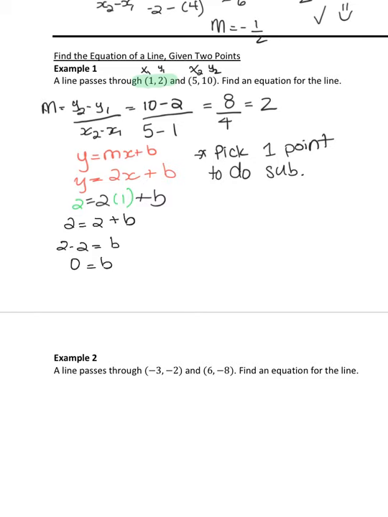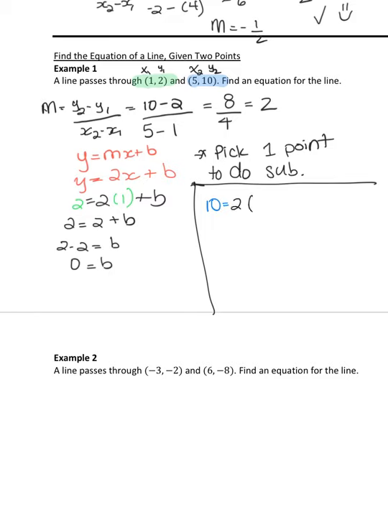Okay. Let's just say that you had decided when you paused the video to try this on your own to use the other point. So let's see if that works. So I'm going to now try the opposite point, 5 and 10. And I'm going to show you that it does work indeed. So instead of a y, I'm going to replace it with a 10.